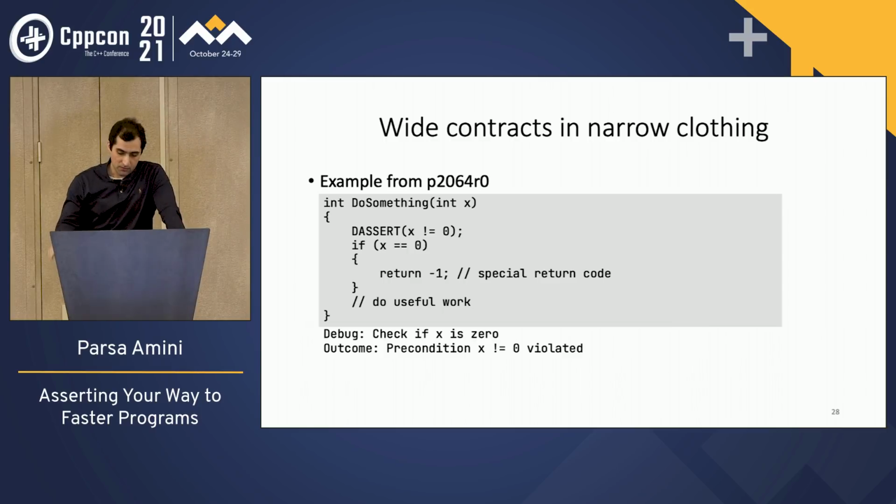You have a do something function that takes an integer that is never supposed to be 0 and has a deassert in it. Its developers, the users of this function could notice violations if they ran it in debug. And because of that if, they expected that this code would return -1 when x is 0 in retail mode.